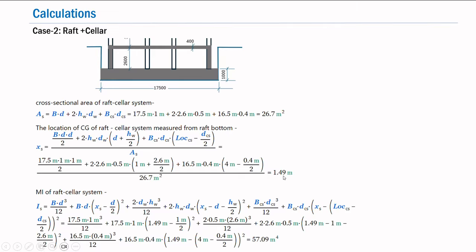Having located the neutral axis at a distance of 1.49 meters from the raft bottom, we are ready to proceed for the computation of the moment of inertia of the raft cellar system.